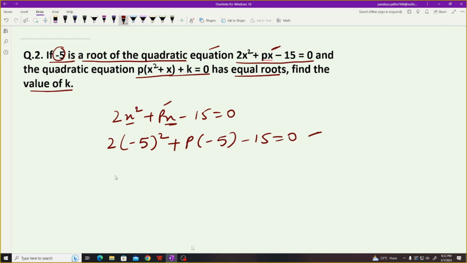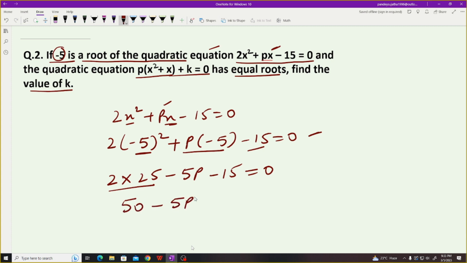So now solve it. 2 into (minus 5) square is 2 into 25. p into minus 5 is minus 5p, minus 15 equal to 0. So 2 into 25 is 50, minus 5p minus 15 equal to 0.